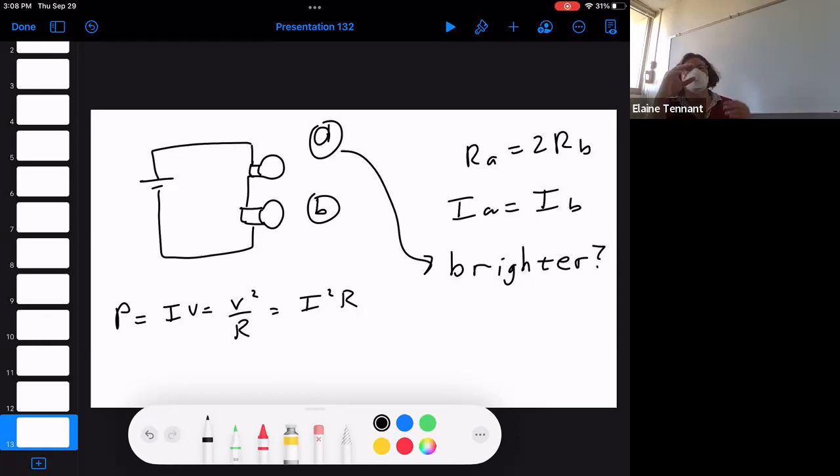And so the resistance means that inside the light bulb filament, the electrons are smacking into the things that they're going through. And when they smack into those things, that gives off energy. And that energy turns into light.